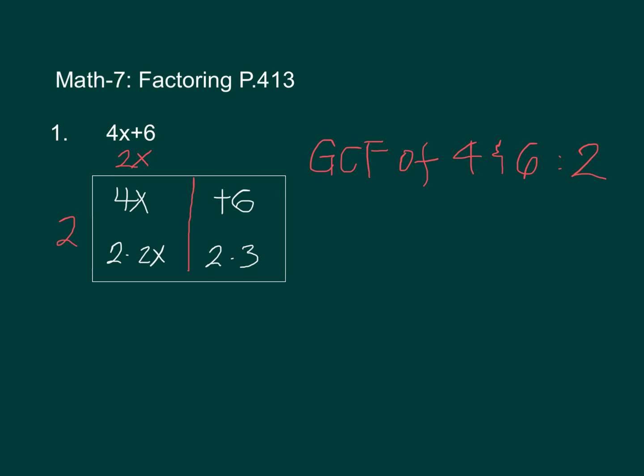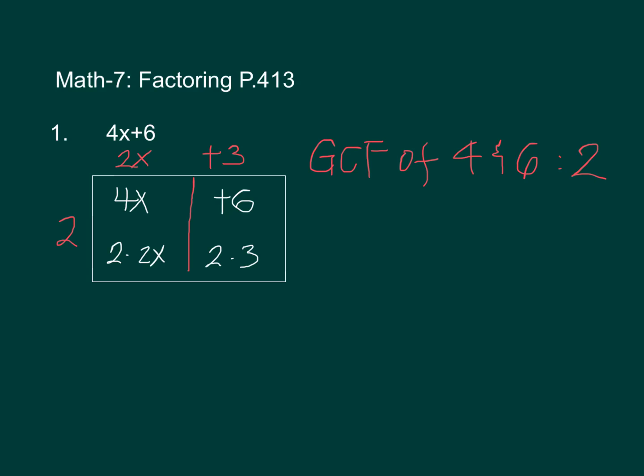So this is 3, and you need positive 3 to make a positive 6 when you multiply it by positive 2. So this is the result of your factoring: 4x plus 6 is 2 times 2x plus 3.